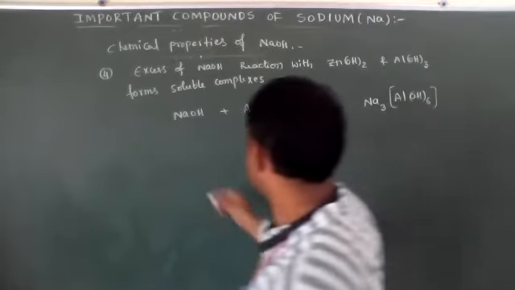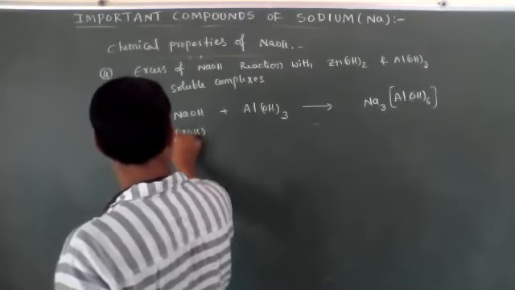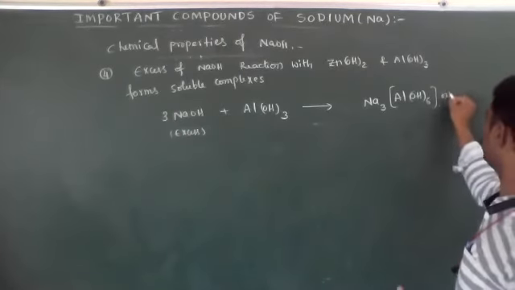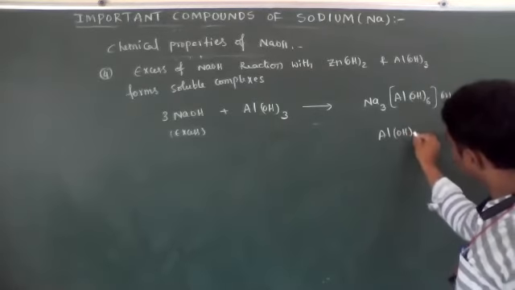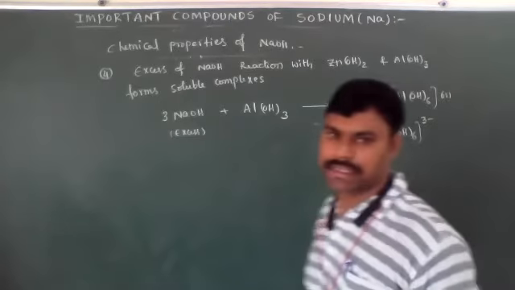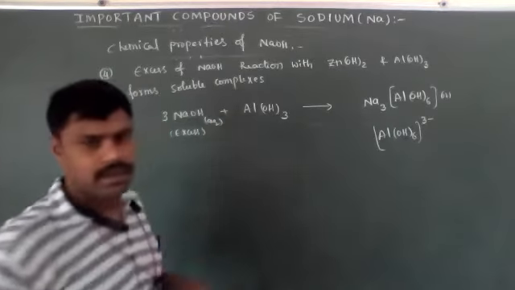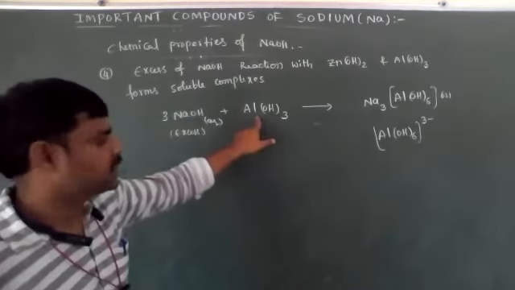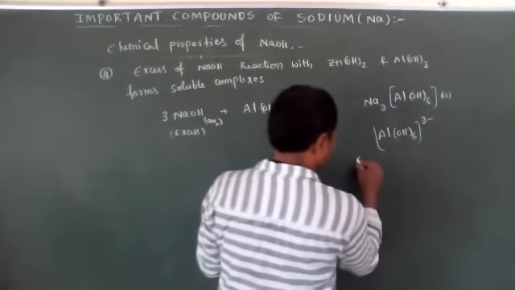Na3[Al(OH)6] means 3 moles of sodium hydroxide. If it is in excess, then we get this complex. This complex is also represented as [Al(OH)6]3-. It is a soluble complex. It is completely soluble in water. Excess aqueous NaOH reacts with aluminum hydroxide or zinc hydroxide and forms a soluble complex.